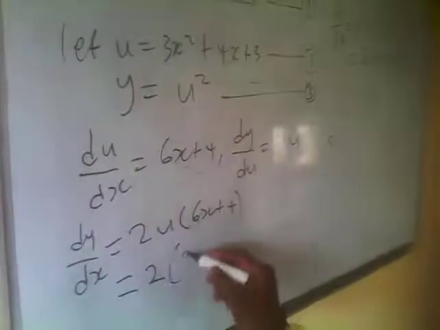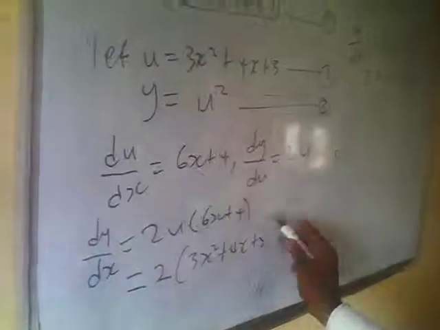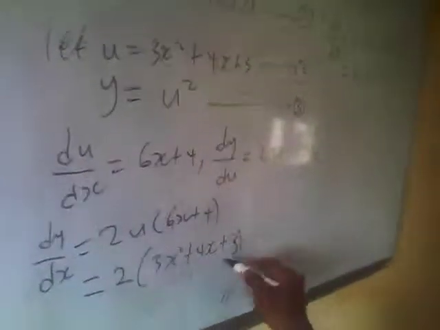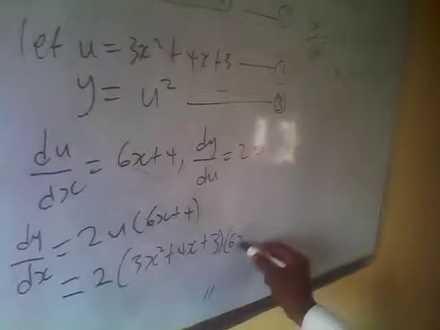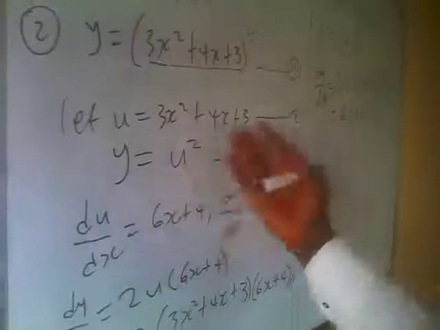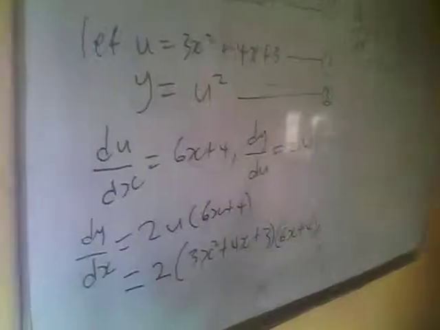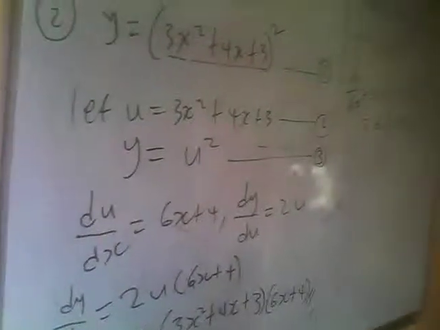But our u is 3x squared + 4x + 3, so we have 2(3x squared + 4x + 3) into (6x + 4). That is the derivative of this function. We just differentiated the two functions individually, then multiplied the derivatives, and that gives us the final answer.